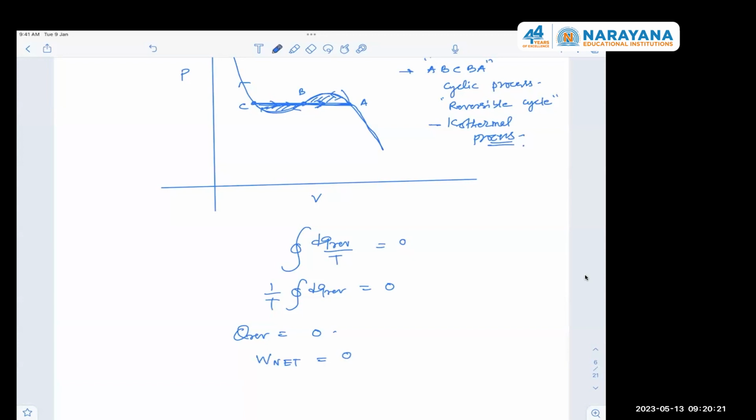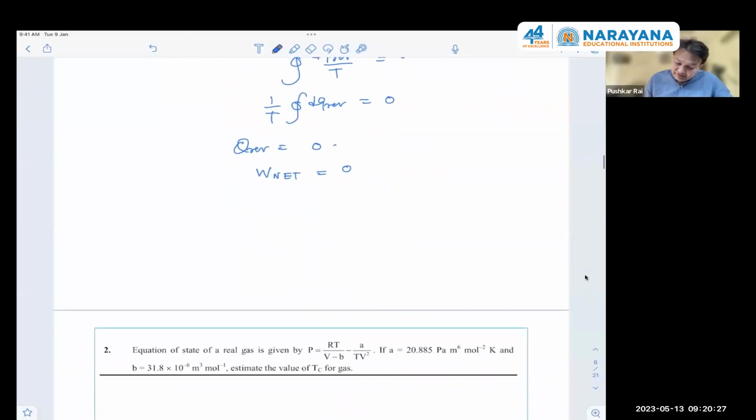Sum is 0, not necessarily equal. Now, sum is 0 with. So you said this so nicely. Look at it very carefully. How can the sum be 0? This is going like this. This cycle is anti-clockwise.